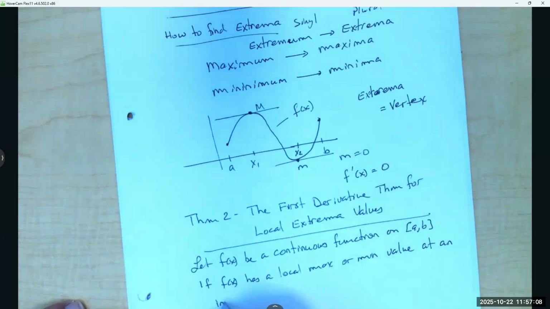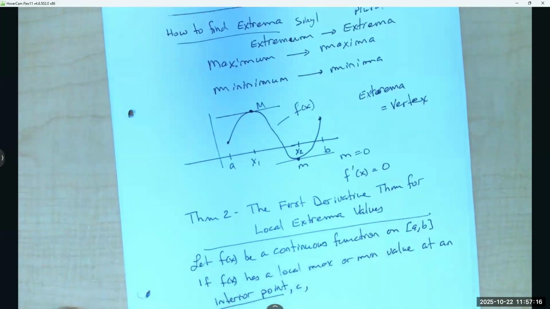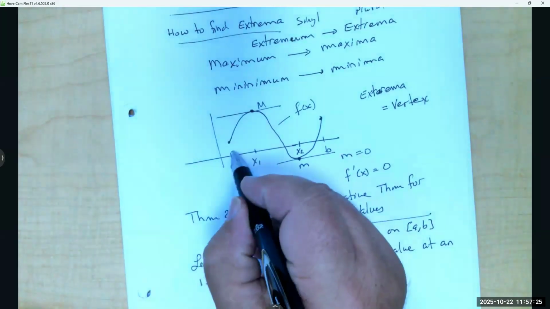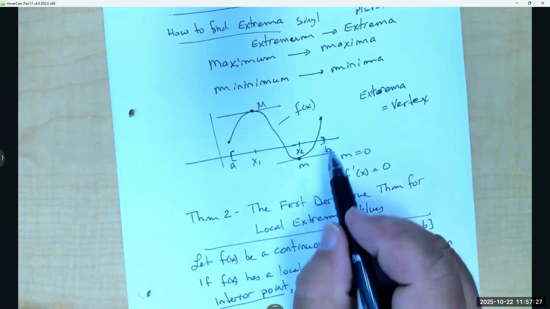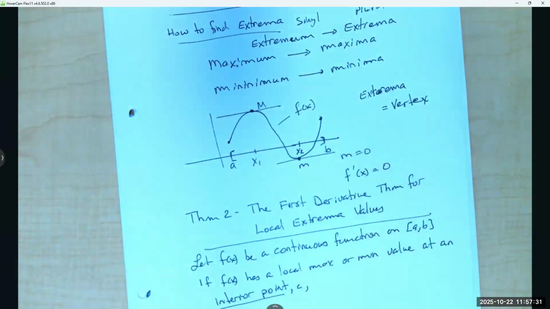at an interior point. What's an interior point? Why do they call it interior point? They're within the bound. Yeah, because the bounds are from A to B. Anything inside there is in the interior of that domain.